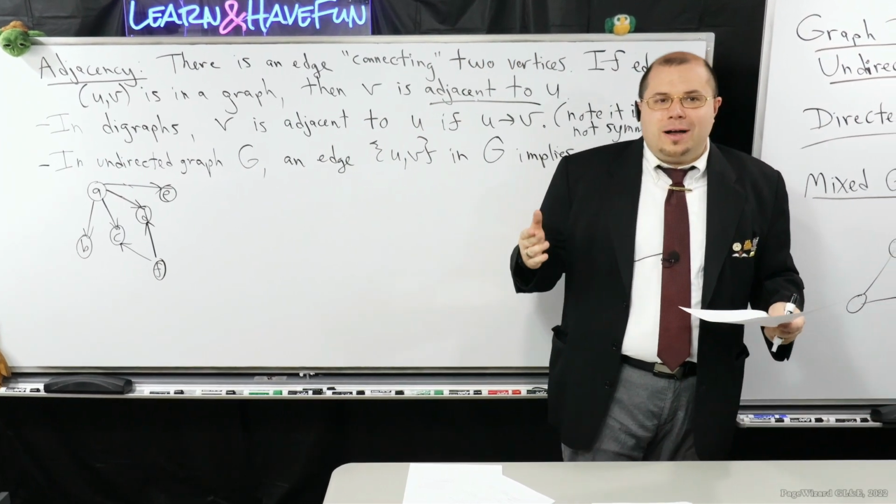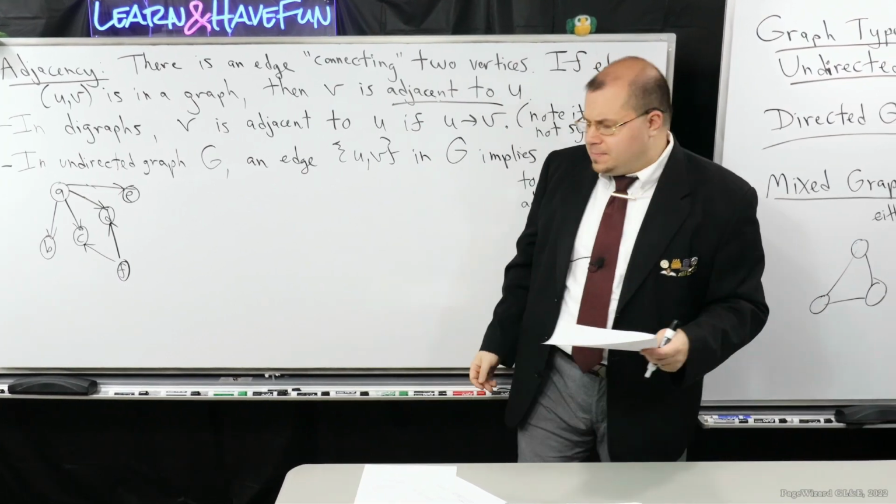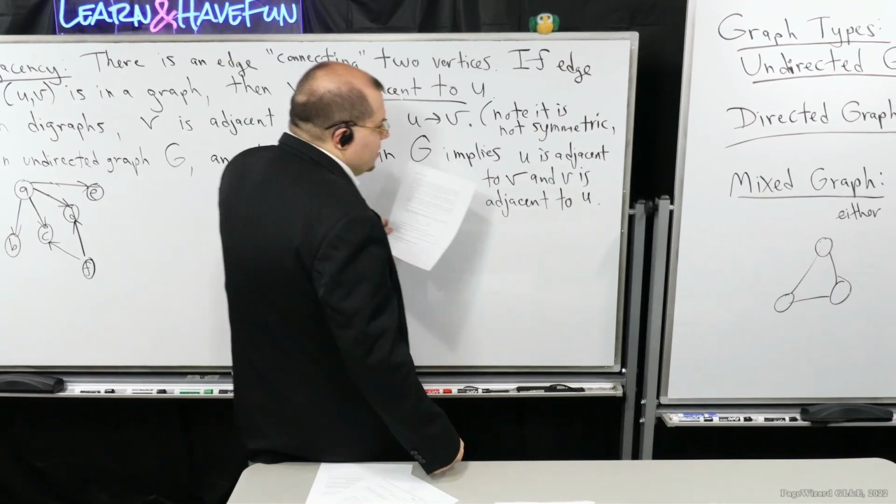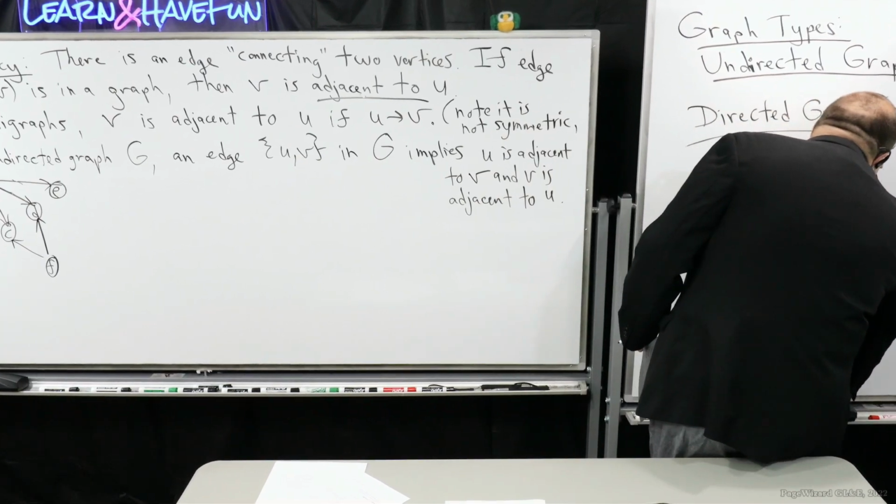So the second one is what we call incidence. So these are two common ways we can talk about edges and vertices in graphs.